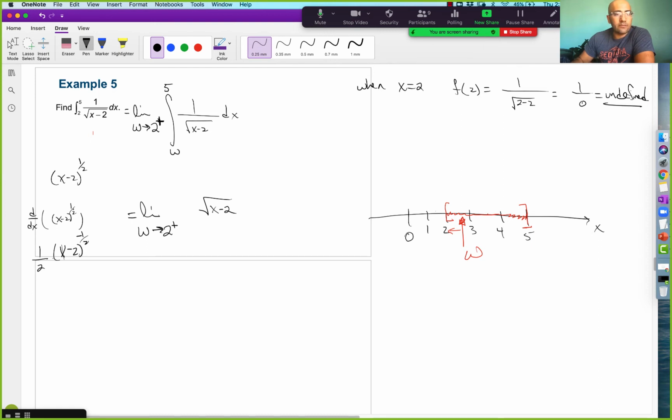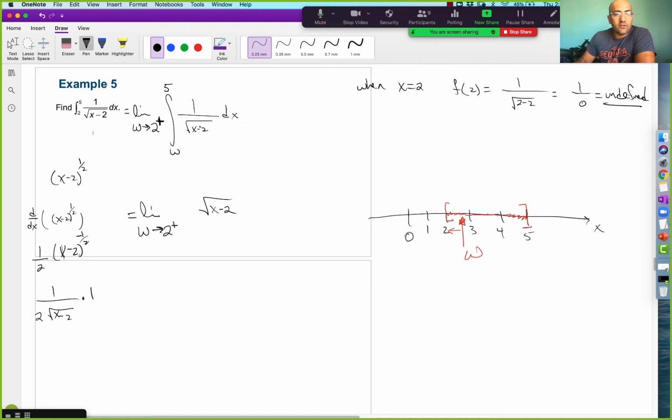Bring down the exponent, subtract 1, we get that. So that means we get 1 over 2 square root of x minus 2. And with the chain rule, we'd find the derivative of the inside part, which is just 1, so times 1. So we're almost there.